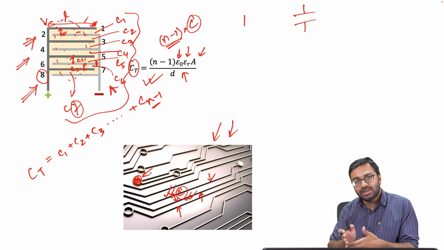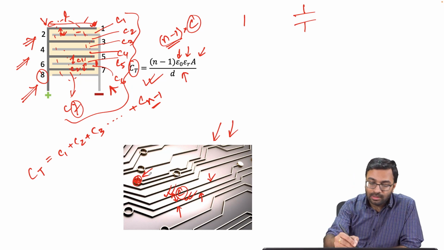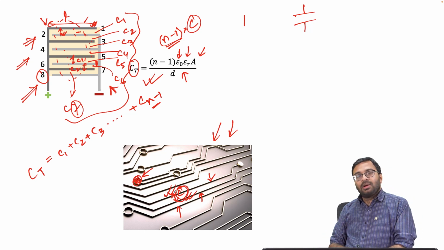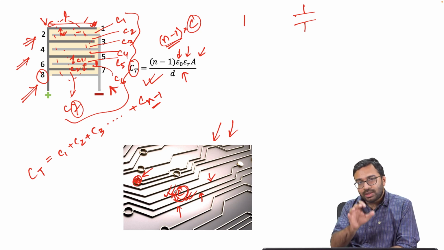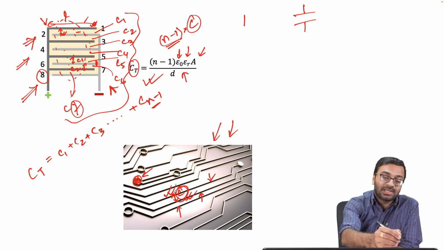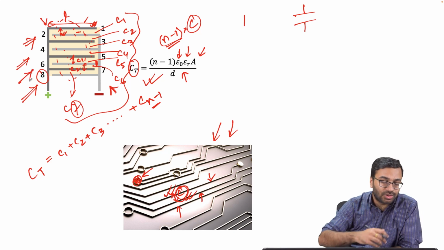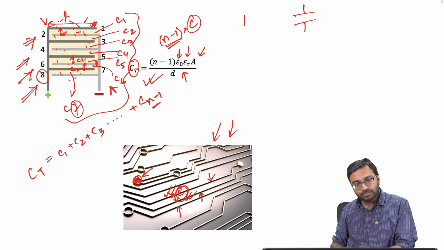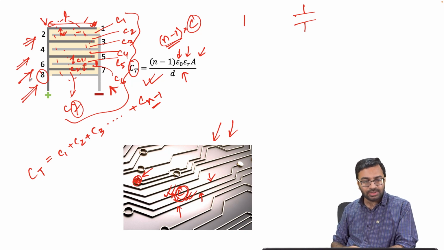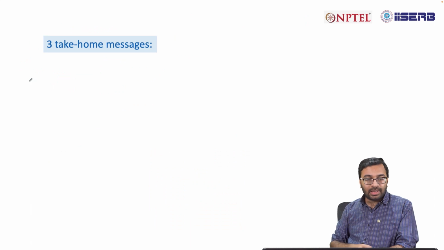This may come in series or in parallel, but this type of capacitance sometimes may create some issues. So one has to be very careful when making printed circuit boards, or when making sensors which may have similar capacitive arrangements. These are the considerations that one should take care of.